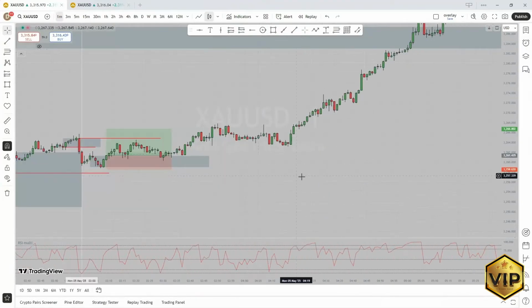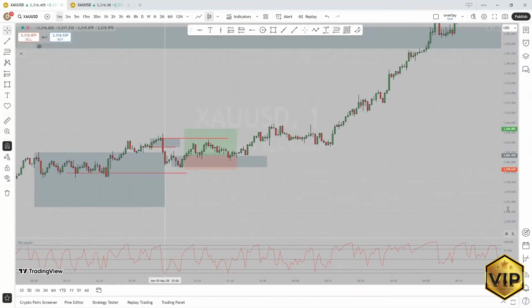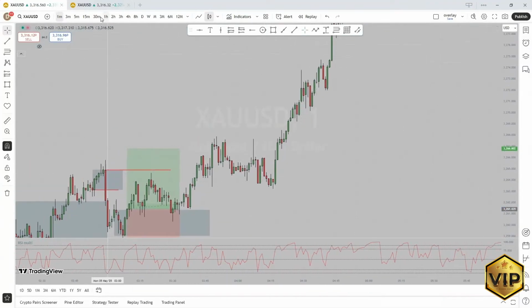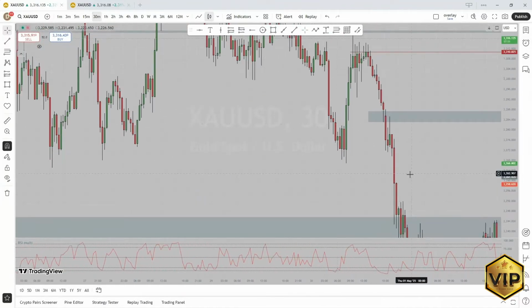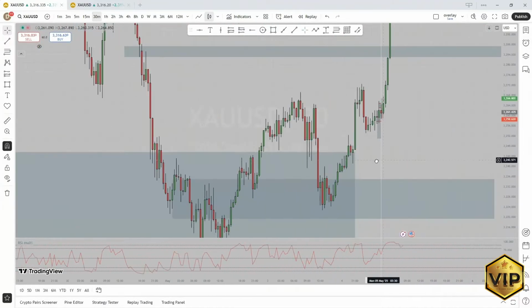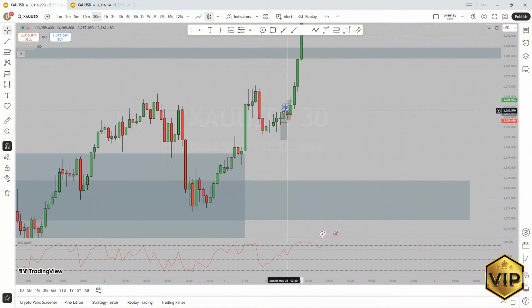So yeah, I entered there, and then we had another setup, but I didn't enter it because I was doing a live stream with my student, so I missed that. But it was happening while we were doing it, after this M30 breakout here.